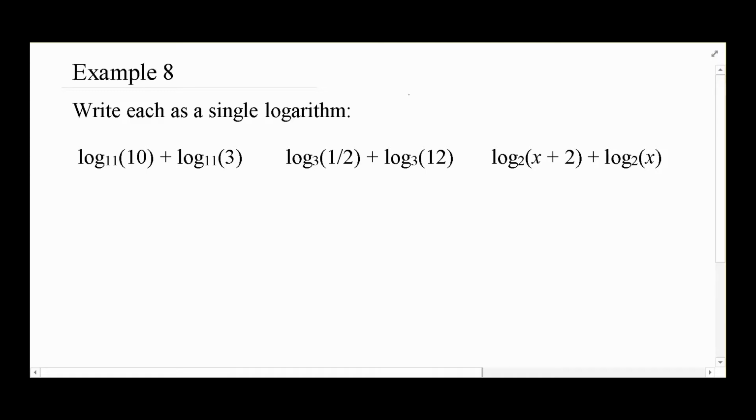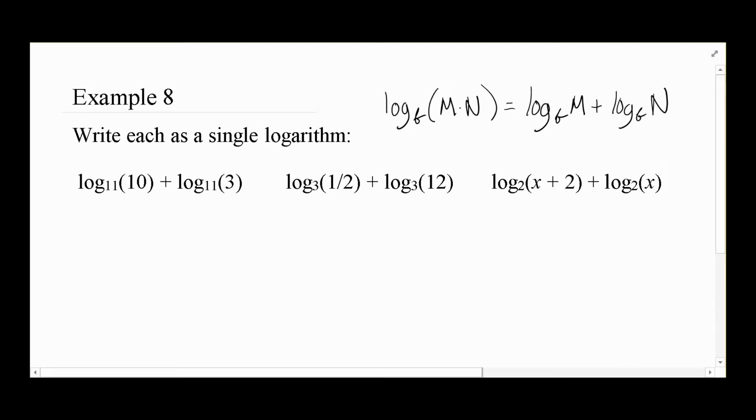So I do want to point out, with this rule that we just wrote, oops, let me not use a capital there, it's not appropriate. We had this rule, log base b of m times n equals log base b of m plus log base b of n.